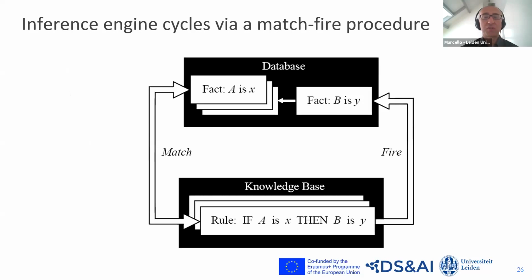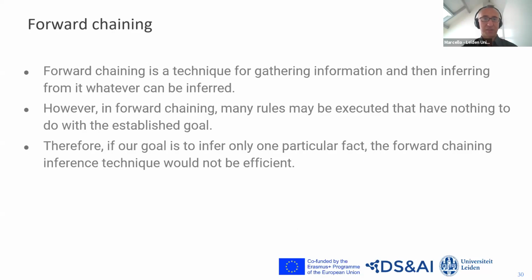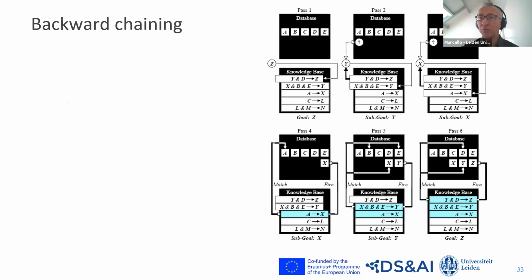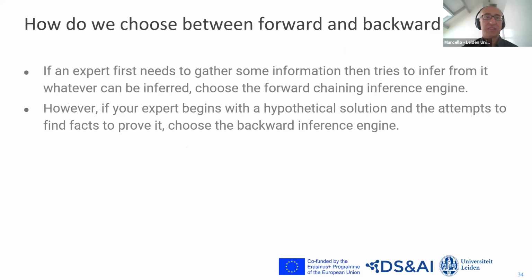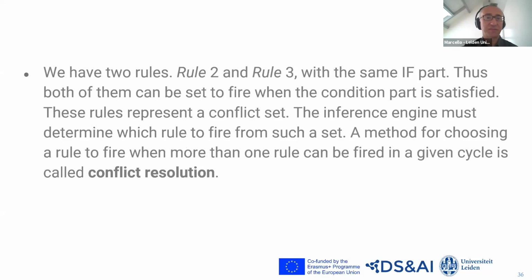Then how this reasoning works: you can have this matching, forward or backward. This is just standard. These things have already been done in the artificial intelligence course, if you do forward or backward search. But it's good to see it again in a different context. And that's when you have conflicts and so forth.